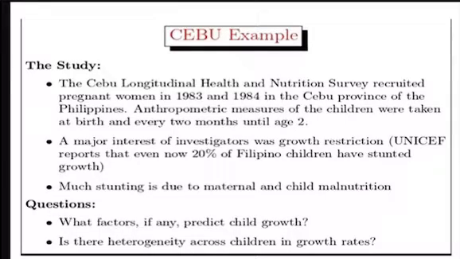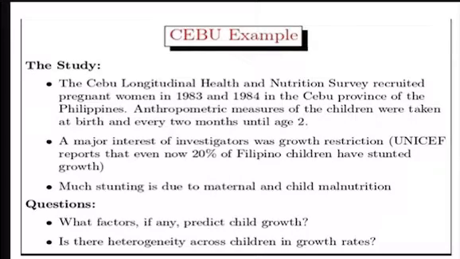Okay, this is another study. The Cebu Longitudinal Health and Nutrition Survey recruited pregnant women in 1983 and 1984 in the Cebu province of the Philippines. Anthropometric measures of the children were taken at birth and every 2 months until the age of 2.